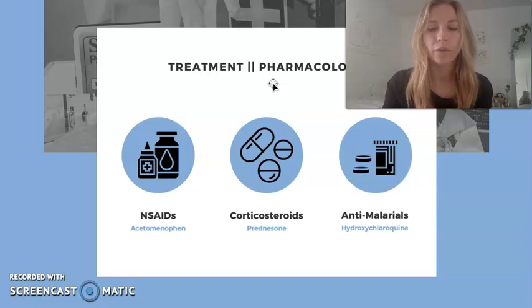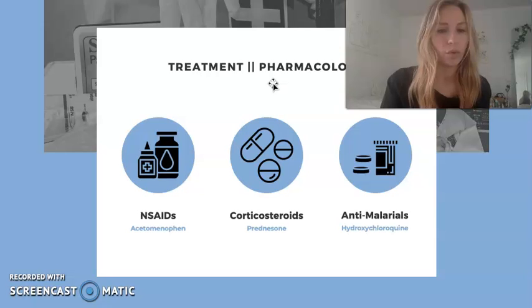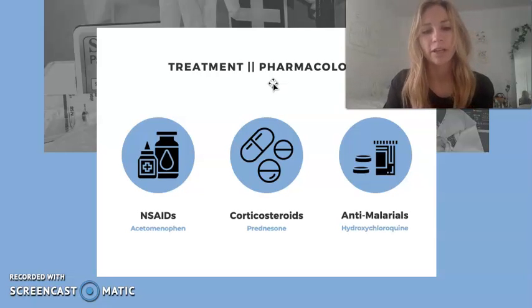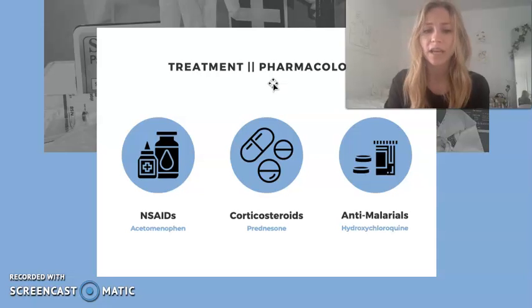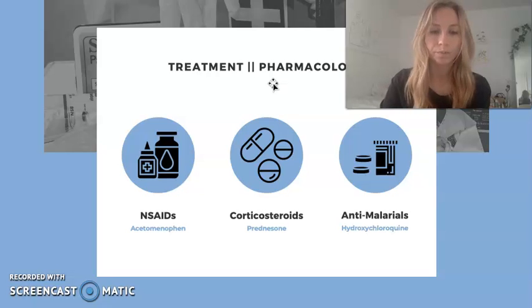However, there are a few common treatments to generally treat the symptoms of lupus, and they aim to suppress the immune system. These are typically NSAIDs, corticosteroids, and antimalarials. I've listed the 3 main ones that are used here as well: acetaminophen, prednisone, and hydroxychloroquine. And these are all options to help suppress the immune system as a whole.